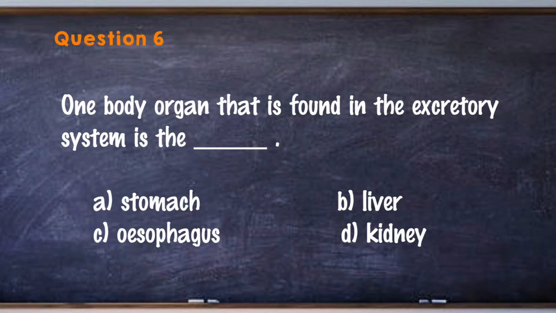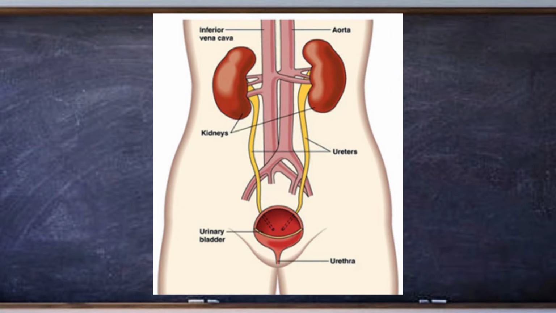One body organ that is found in the excretory system is the what? Is it A, stomach, B, liver, C, esophagus, or D, kidney? Okay, let's look at an image of the excretory system and a label of each organ. So I want you to take a moment, look at it, examine it, and tell me which one of those body organs can be found in the excretory system.